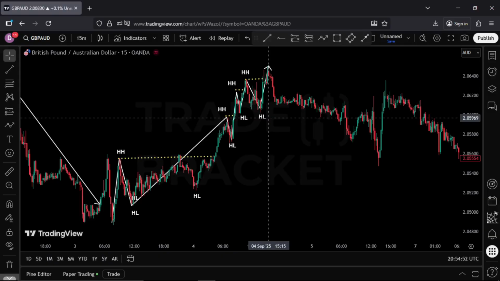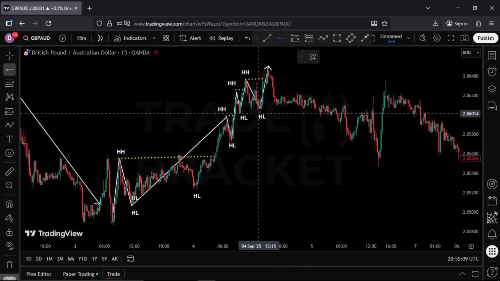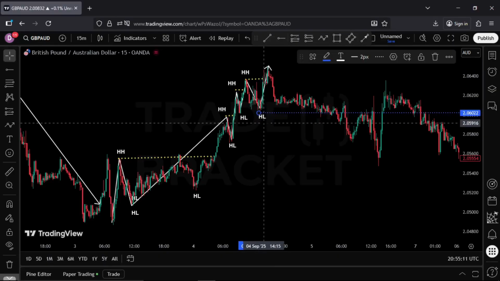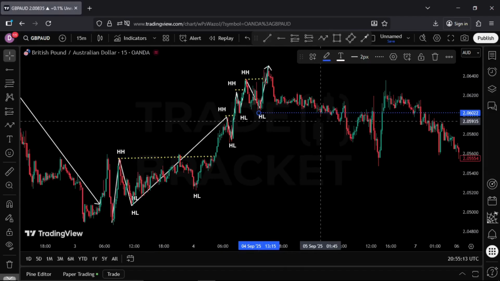Now you can see that this structure right here took a long time to form, okay? It took a day, right? It took some time to form. So you don't want to be sitting on your chart, okay, just to wait for this structure to form, okay? And if I go ahead and just use this, okay, because I want to see where we got the break of this last higher low. Okay, we got it right here.